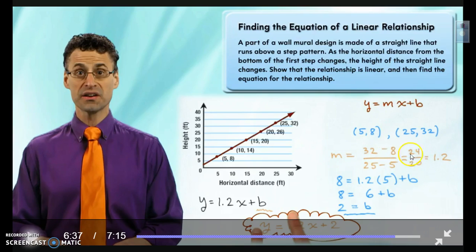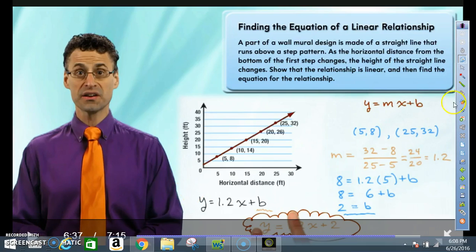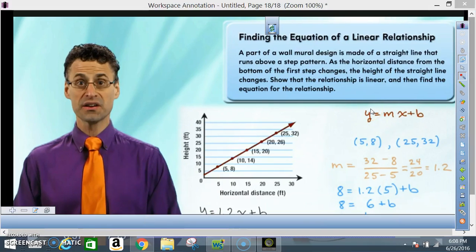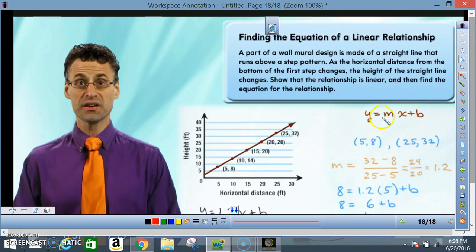Now, after you find the slope, then you want to find your y-intercept. And the way you do that is, just in case you couldn't see exactly what they did, you take any point and plug it back into the original equation along with the slope that you found. So the easiest point to work with, or the smallest one to work with, is 5 and 8.